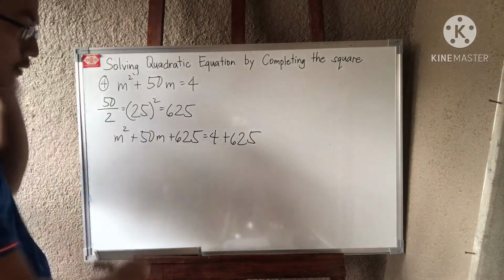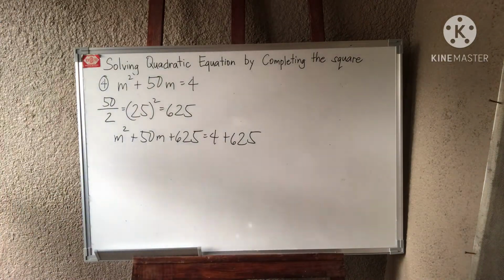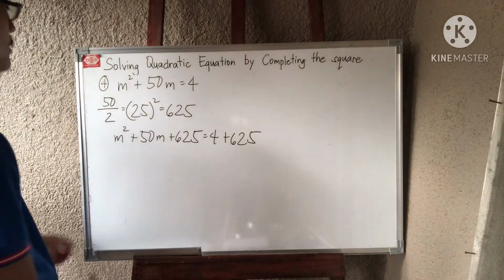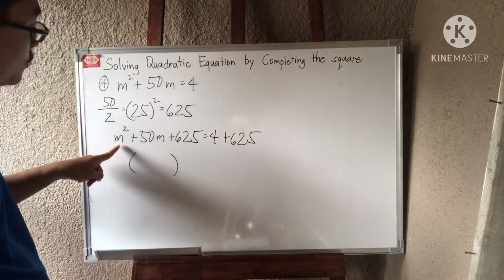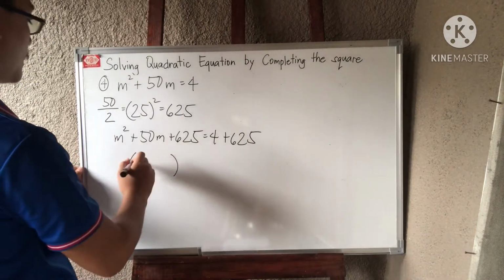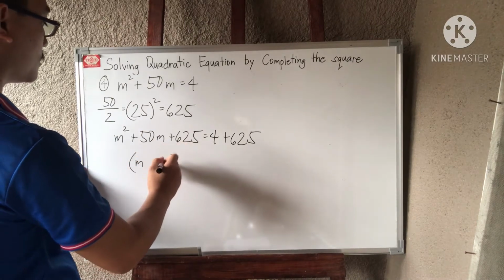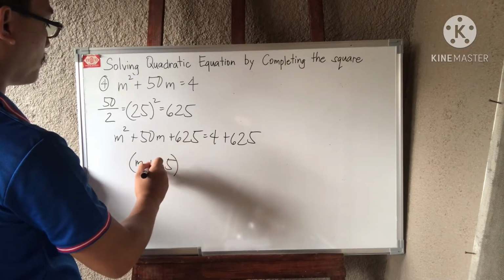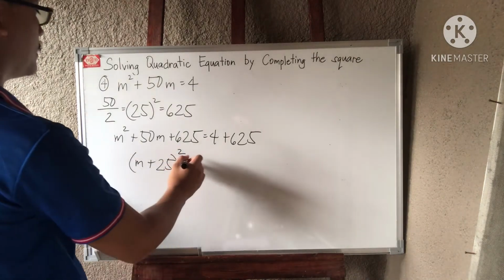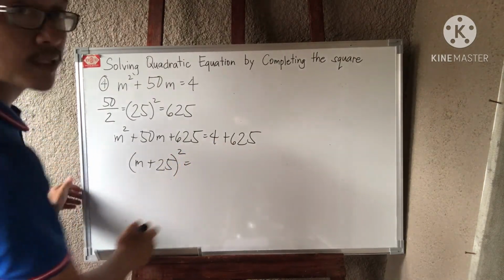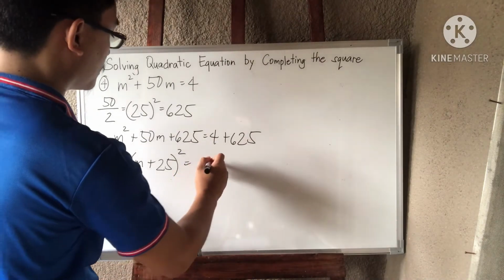Then, this is now a perfect trinomial square. So, we can make it as a square of binomial by taking the square root of the first and the last term. That is m, 625 is 25, plus, then you write squared outside the parentheses, equals 4 plus 625, which is 629.